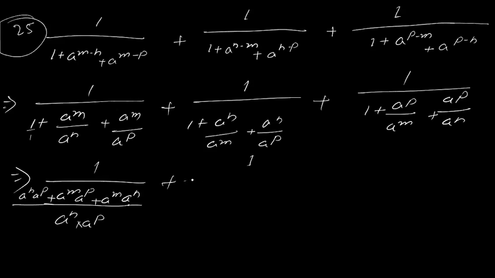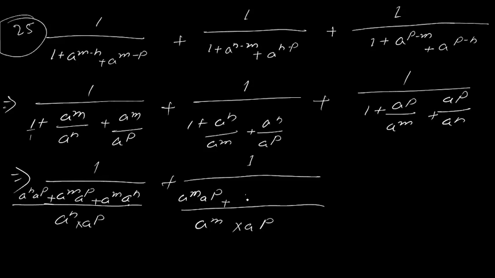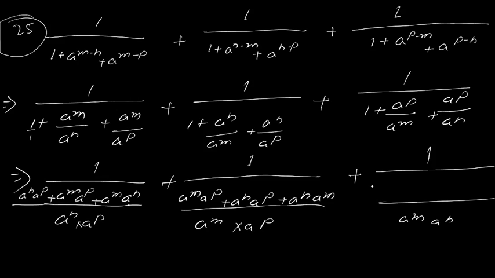plus 1 divide by how much, a to the power m multiplied by a to the power p, so am ap plus an ap plus an am, okay, plus 1 divided by, again here a to the power m a to the power n, so am an plus ap, m is already, so an plus ap.